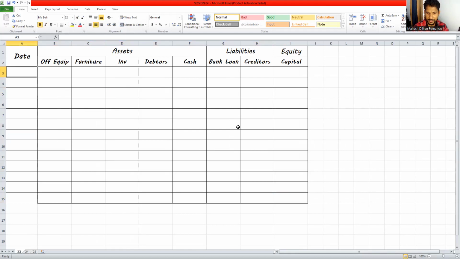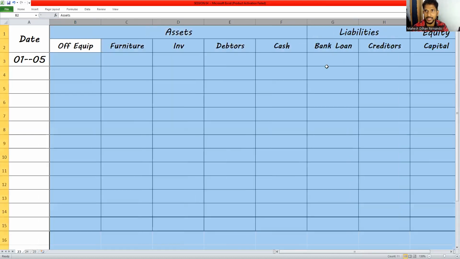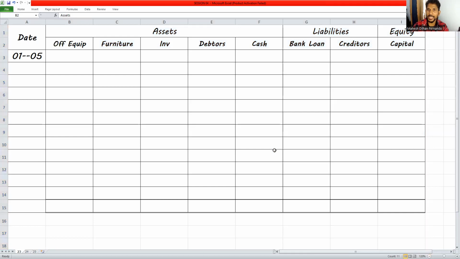First date, 1st of May. Read it very carefully. What has the owner done? The owner invested office equipment and cash, valued 240,000 and 60,000 respectively as capital.